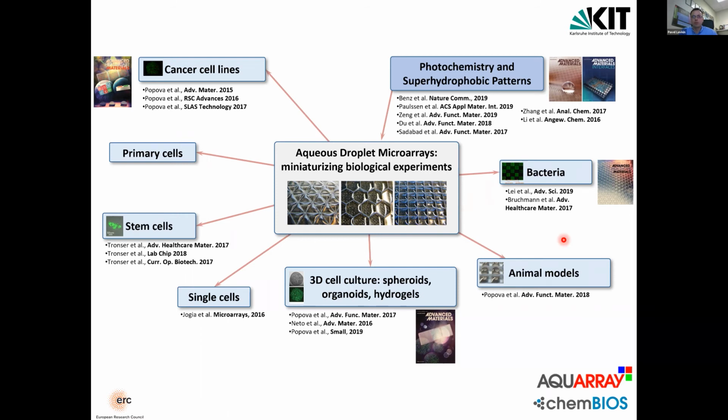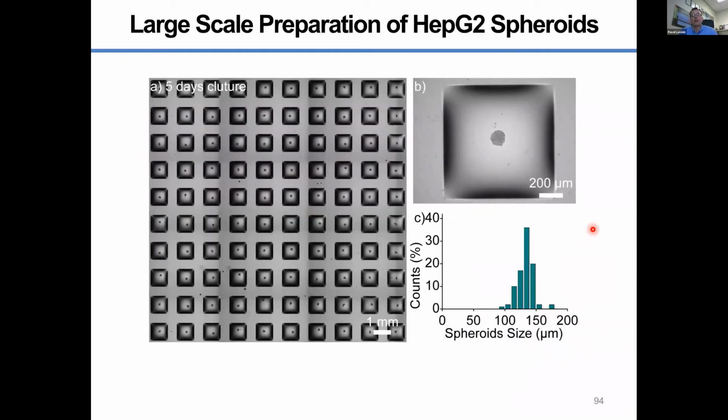Here are some examples of this culture of cells in droplet microarrays. In this case, you can see these are not cells, these are actually cell spheroids. A cell spheroid is a 3D organization of cells that were cultured, in this case, upside down.